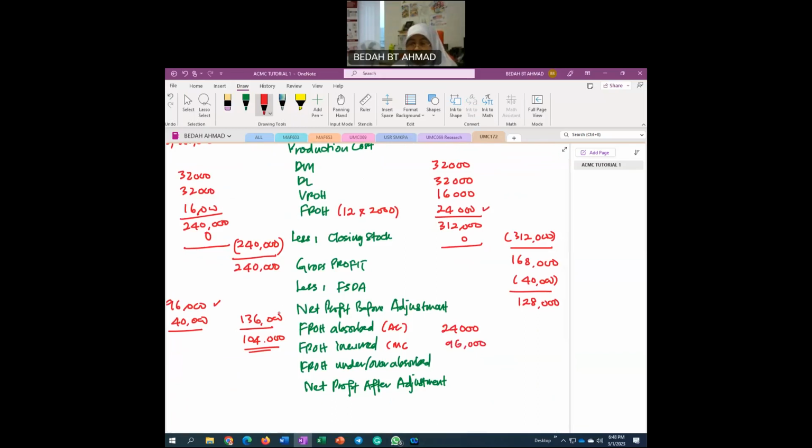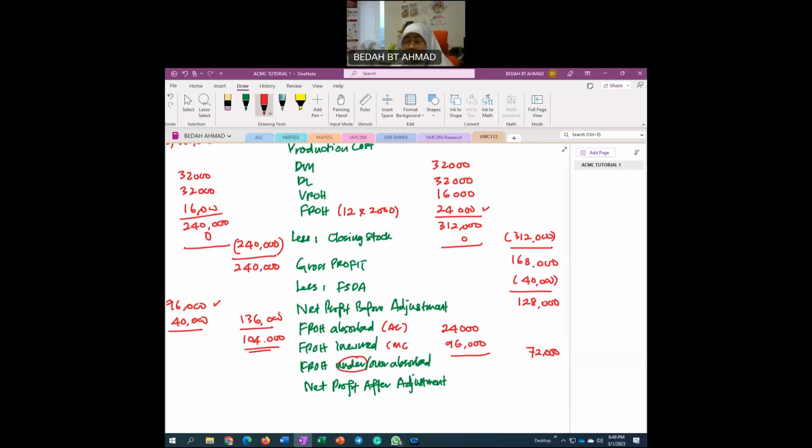So clearly, it is fixed overhead under absorbed, by 72,000. Okay, what will we do, do we need to add back or do we need to deduct? When overhead is under absorbed, that means cost is under absorbed, profit is overstated.